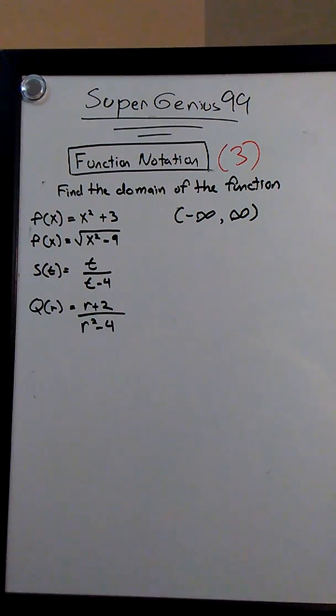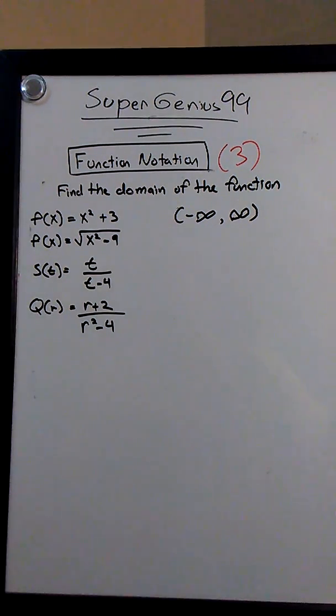How about the second one? Are there any conditions that we've listed so far that would make the output of that function undefined or not a real number? You notice it has a radical, so we have to watch out for a negative in the radical.